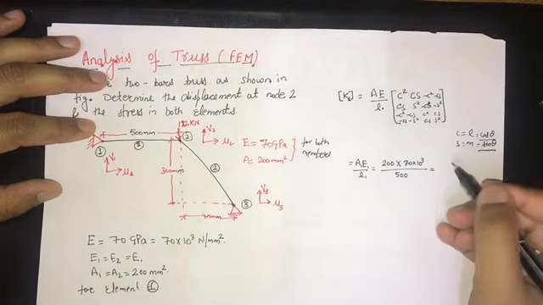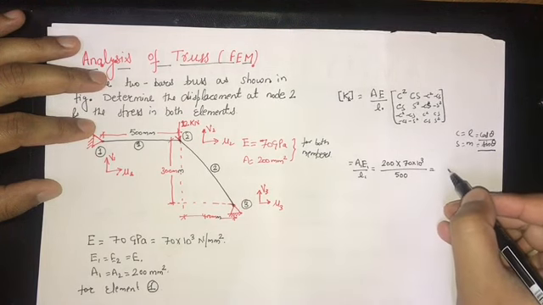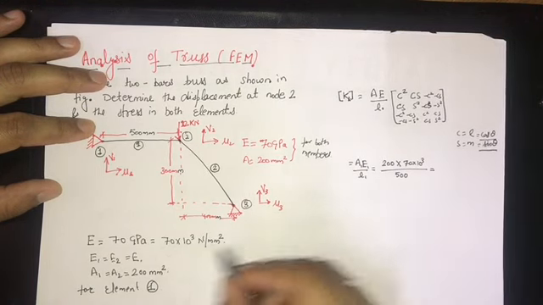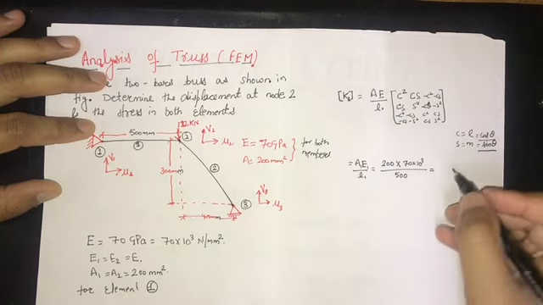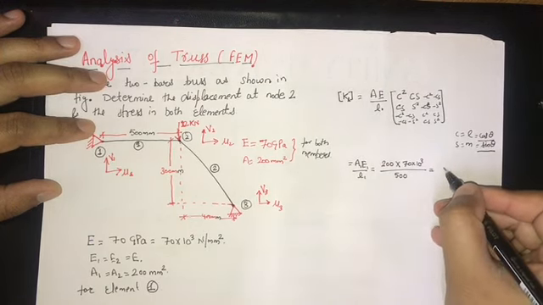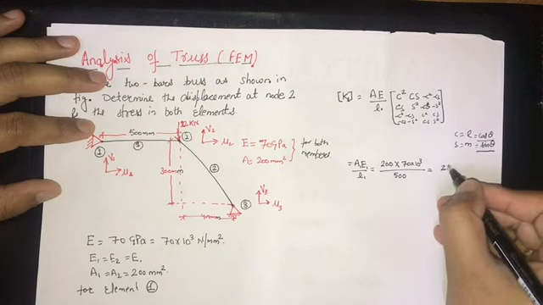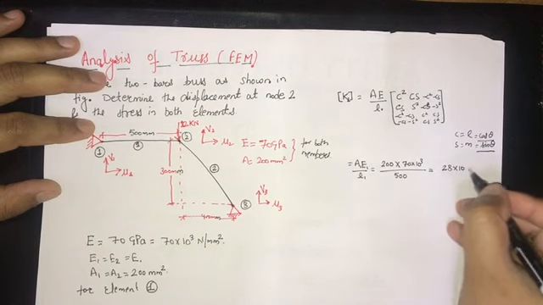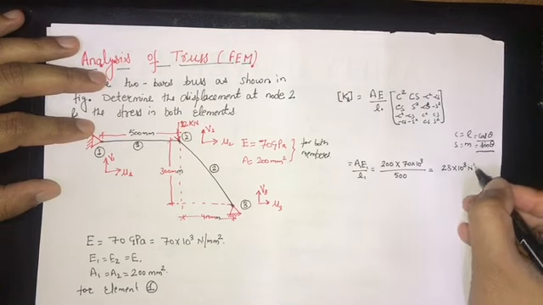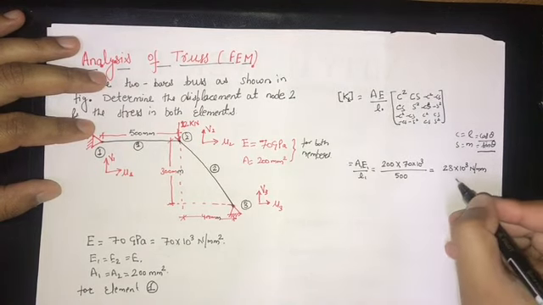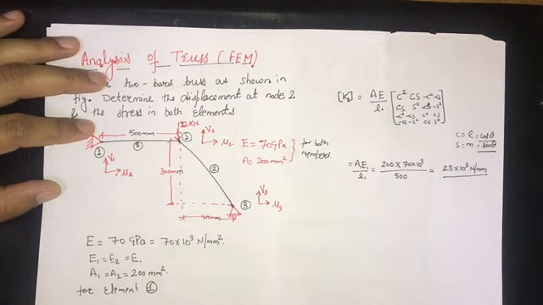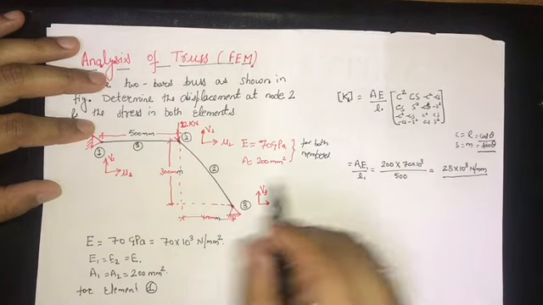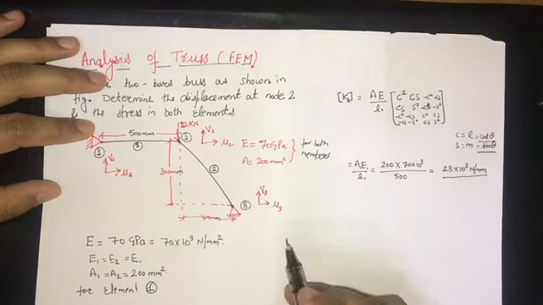Using the calculator, it comes to 28 into 10 power 3 Newton per millimeter. So that is the value of AE upon L. After calculating AE upon L, we will calculate the C and S values.